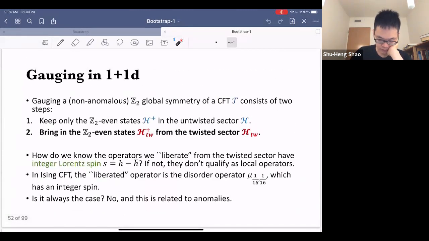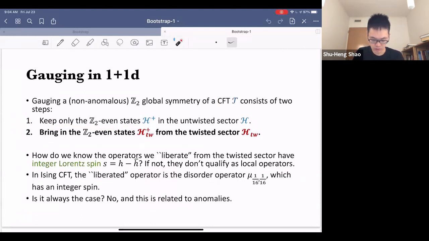The question we left out yesterday was that in this two-step procedure of gauging a Z2 symmetry, in the first step, we throw away some states. There's no problem in that step. You just throw away something. But the second step looks more dubious, where we introduce some local operators, and they used to be some non-local operators attached to strings.